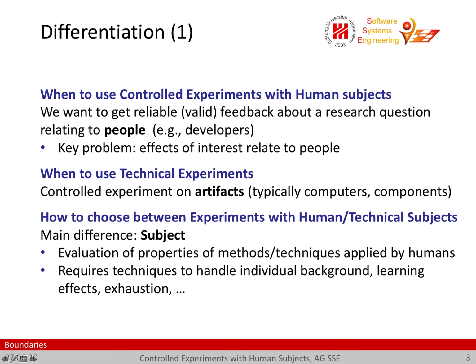I cannot restart a human subject as I can restart a computer program, and while the computer program in the second iteration has just the same characteristics as in the first, that's absolutely not true for a human. Or if it drags on too long, there are exhaustion effects and so on. All of that has to be taken into account if we deal with controlled experiments with human subjects.